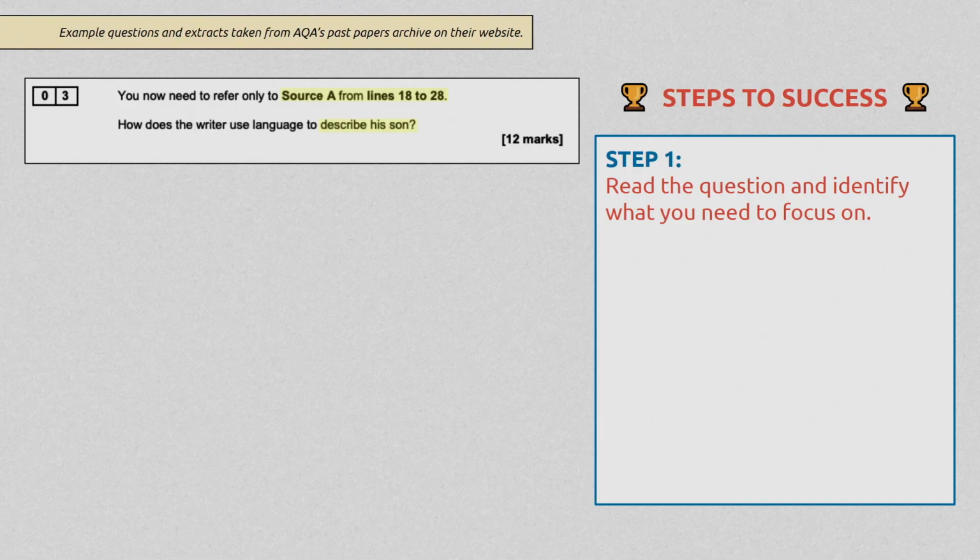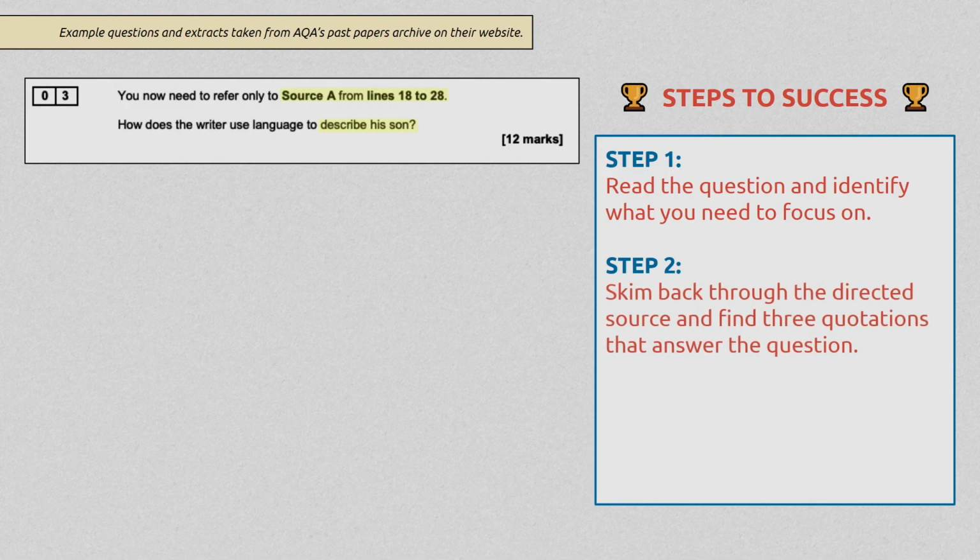I've highlighted in the example question there what I need to focus on. So I need to look in source A and I need to look at lines 18 to 28. So I might draw a box around that section so that I'm not tempted to look at quotations elsewhere. The actual focus of the question is how the writer uses language to describe his son. So that is what I am looking for.